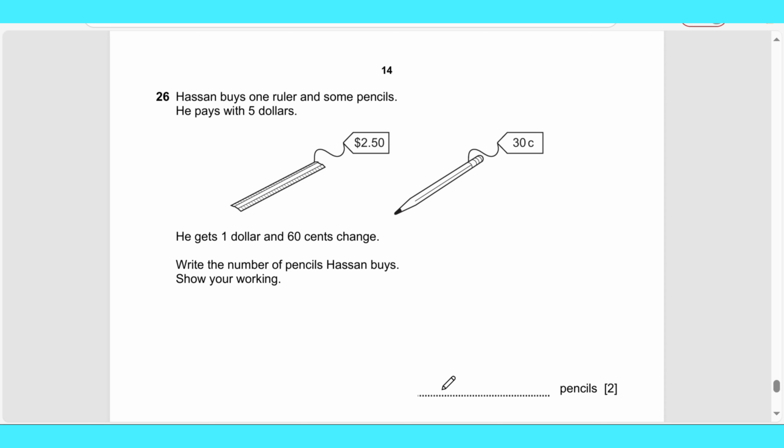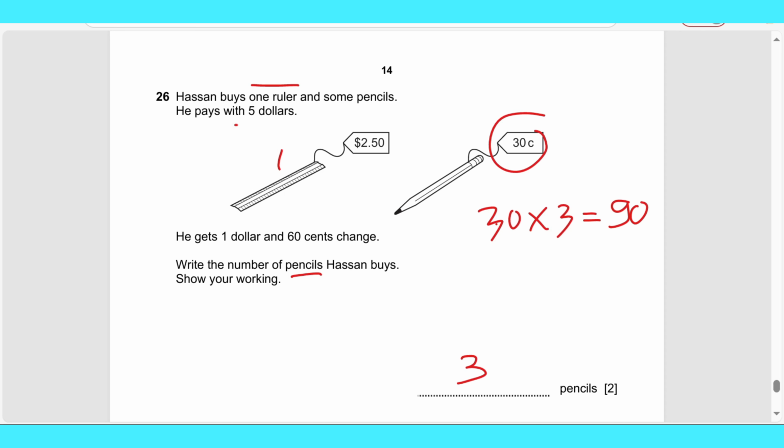So the answer for this will be, number of pencils is 3. So 30 cents times 3 will be 90 cents. Okay, so now the key idea here is 1 ruler, only 1 ruler.